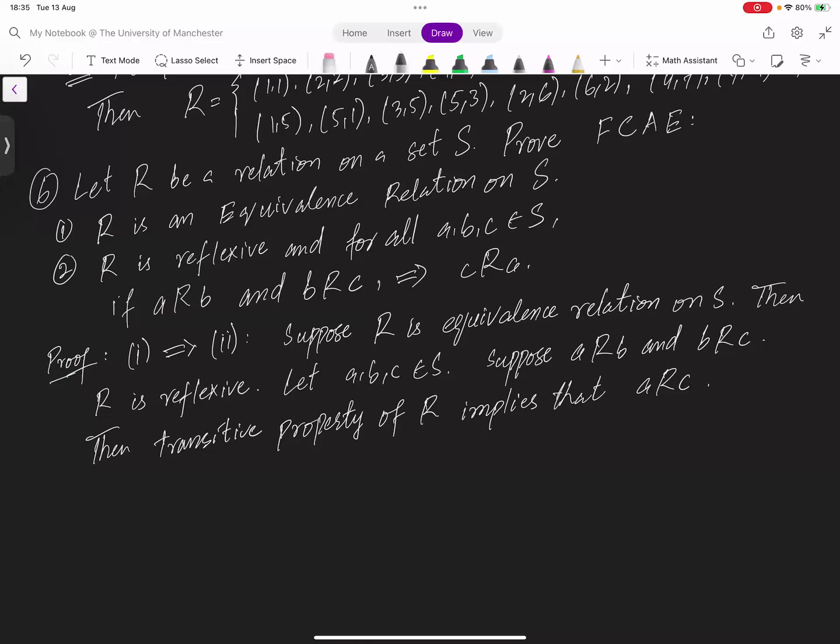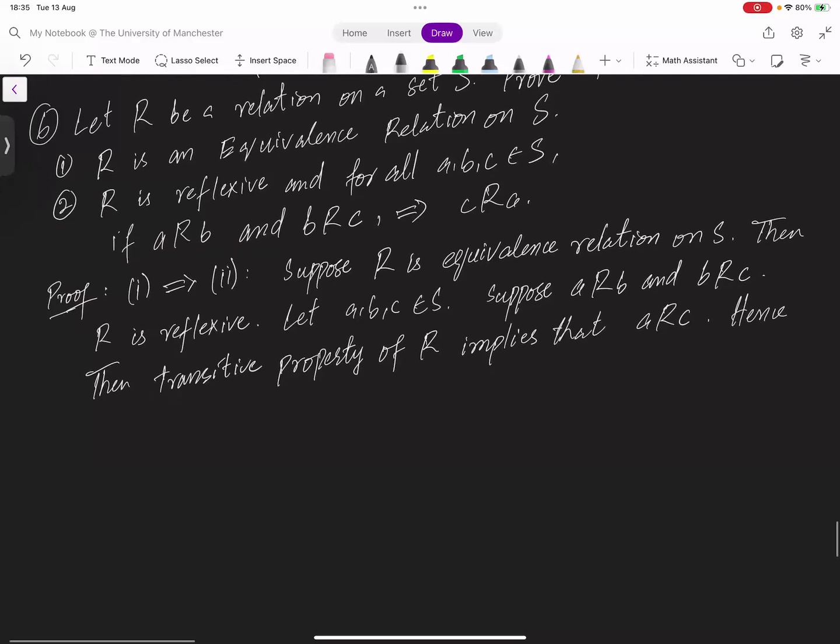So now we can talk about it. It implies that a is R related to c. Hence, if this is true, then c is also R related to a, because R is an equivalence relation, so R is also symmetric.